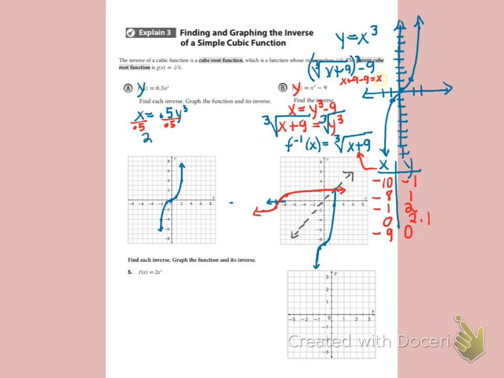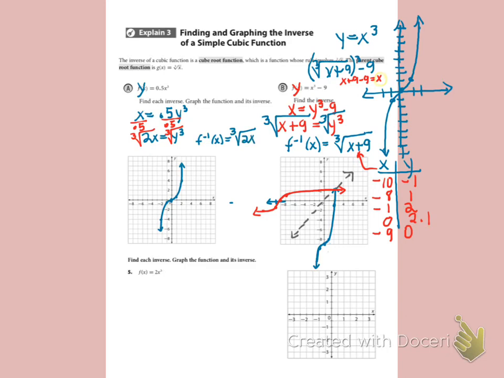So that's 2x here equals y cubed, and then to undo that cube, I'm going to cube root both sides, and that leaves me with my final answer as y is equal to the cube root of 2x. But I'm going to write it in function notation, so that's f inverse of x equals the cube root of 2x.